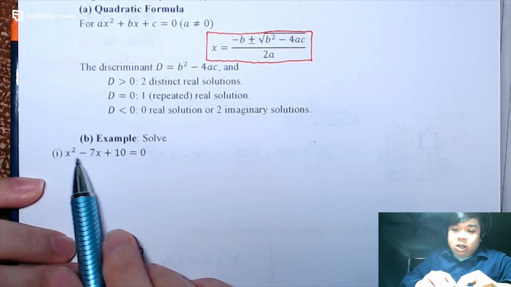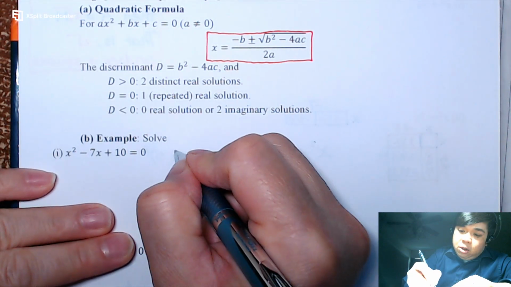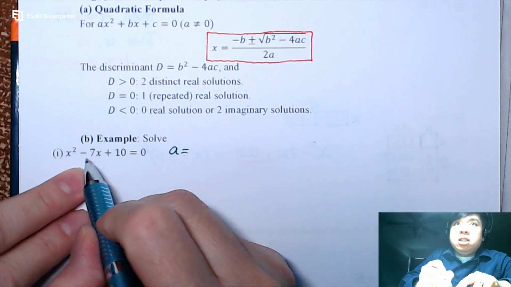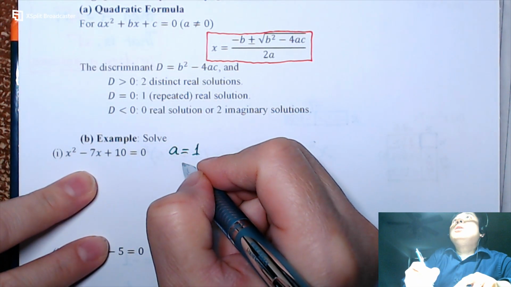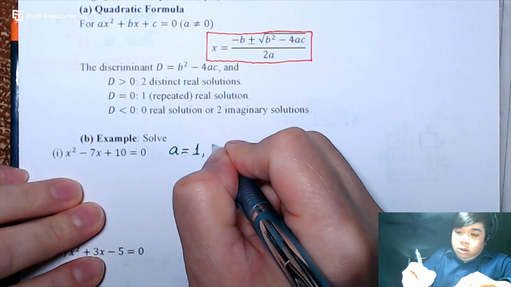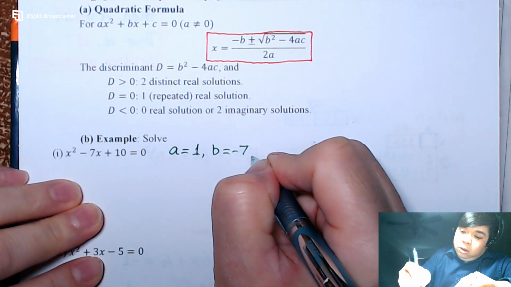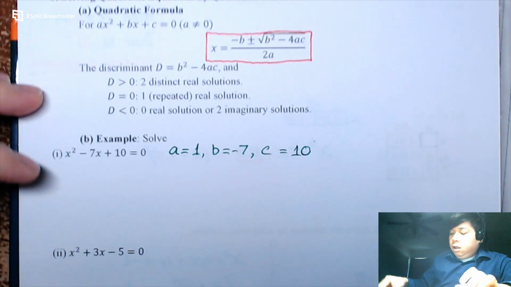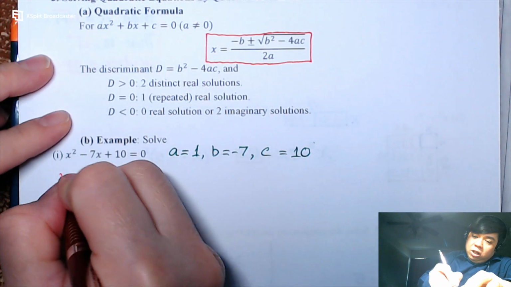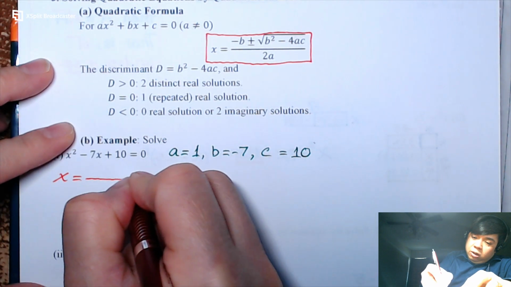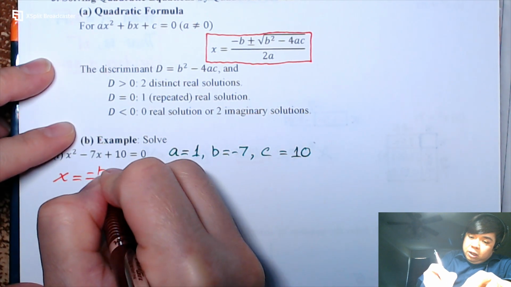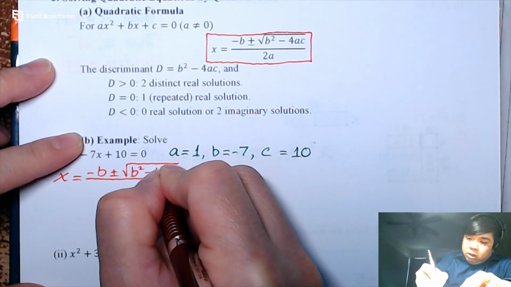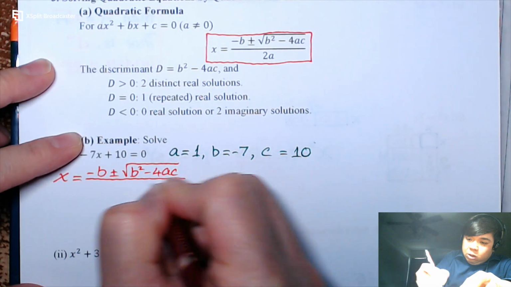So for this equation, x squared minus 7x plus 10, coefficient a is 1, b is negative 7, and c is 10. In the quadratic formula, x equal to negative b plus or minus square root of b squared minus 4ac, over 2a.